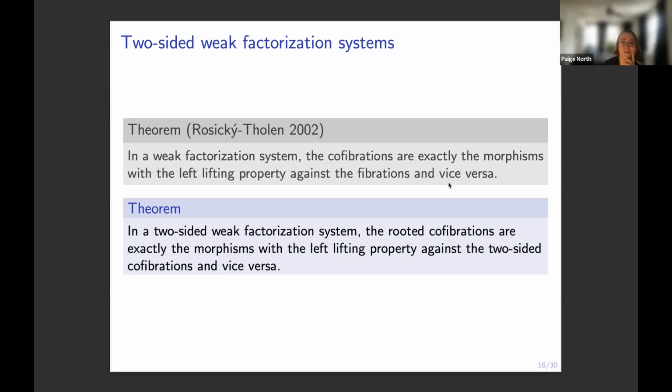Usually the definition of weak factorization system looks more like this, and you can derive the way that I defined it. But anyway, in this theory, we can also get the same kind of theorem: in a two-sided weak factorization system, the rooted cofibrations are exactly the morphisms with the left lifting property against the two-sided, or the rooted, I should say, fibrations, and vice versa.